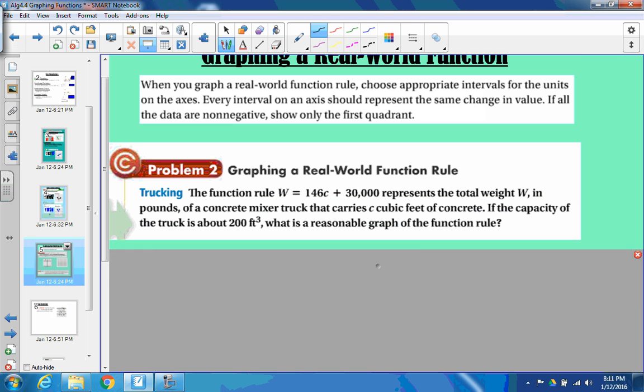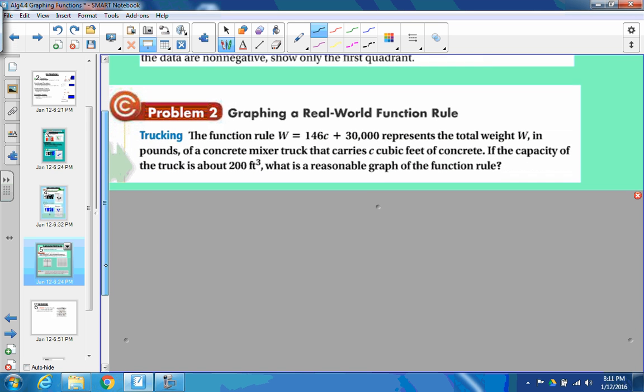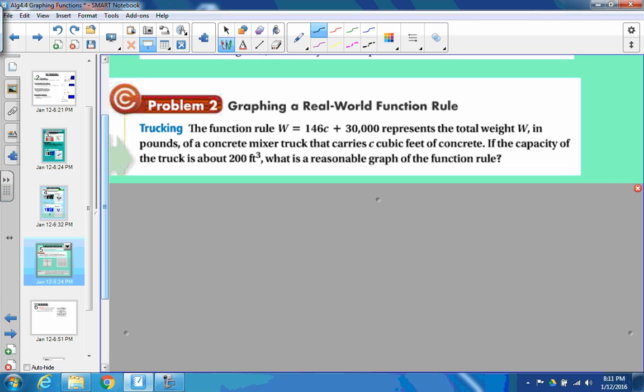So we'll work through this one right here. It says the function rule W equals 146C plus 30,000 represents the total weight. So W is our weight in pounds of a concrete mixer truck that carries cubic feet of concrete. So C is our amount of concrete.